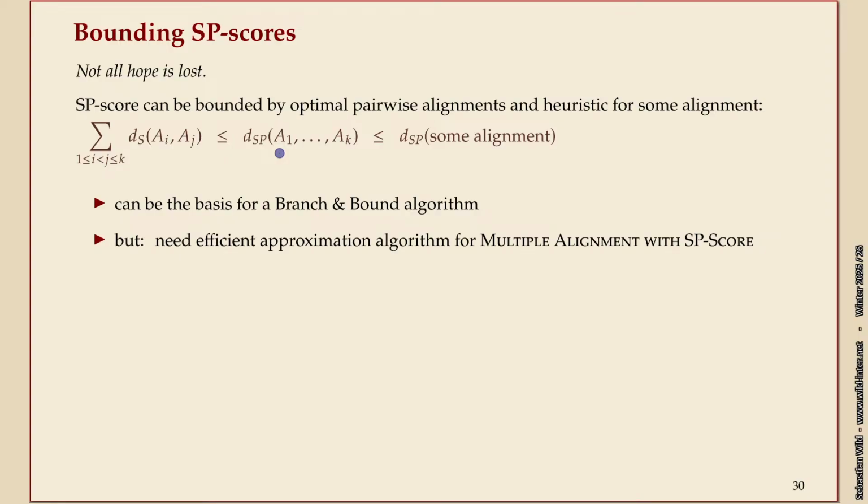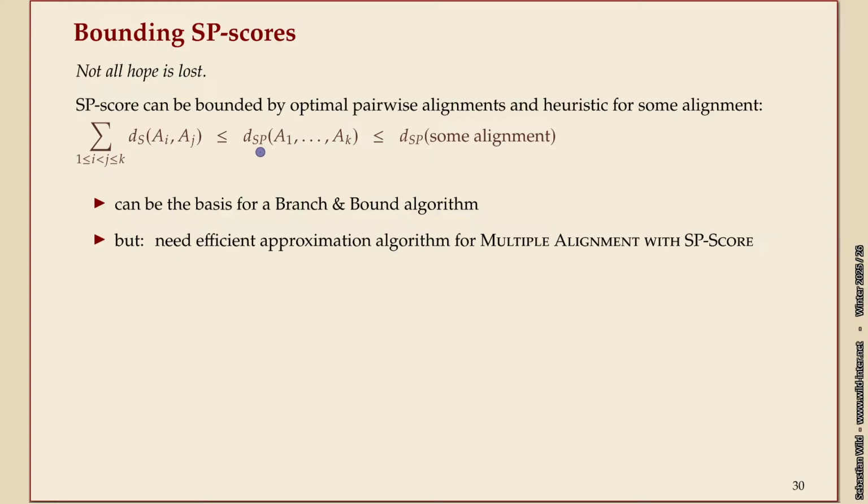Whenever you have a multiple alignment, you can just focus on 2 rows, forget about the rest. That is a valid alignment of these 2 strings. And it will have some score evaluated with the pairwise score. It may not be the optimal alignment if you just focus on these 2 strings, because you were constrained by matching all the other strings at the same time. But it is some score.